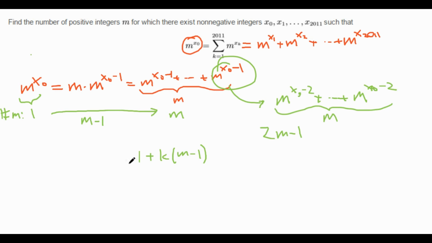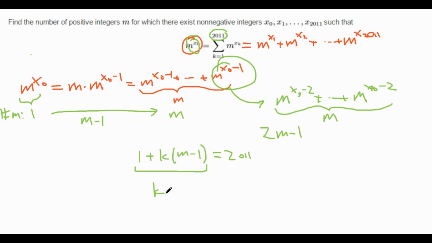So at first we have one power of m, namely m to the power of x0, and then we have k substitutions from a higher power to a lower power, and each of these substitutions increases the number of powers of m by m minus 1, hence giving this formula. And then finally we know that the total number of powers of m is in fact 2011 from our original problem here.